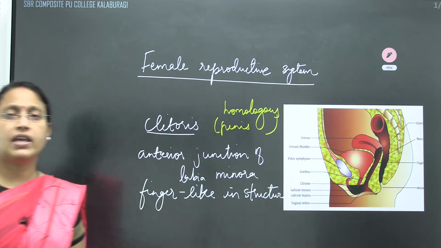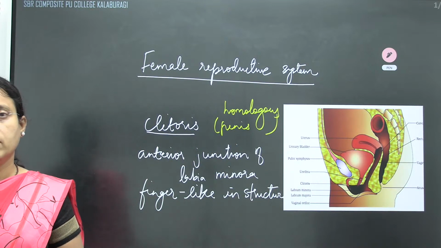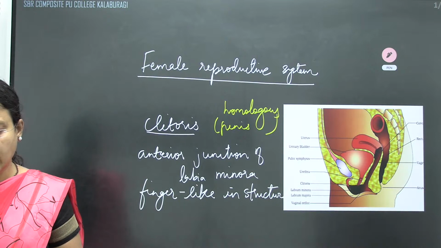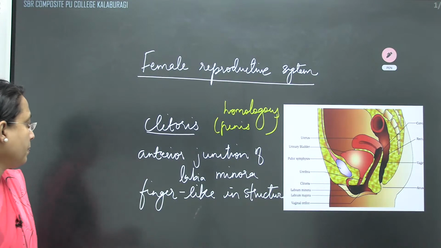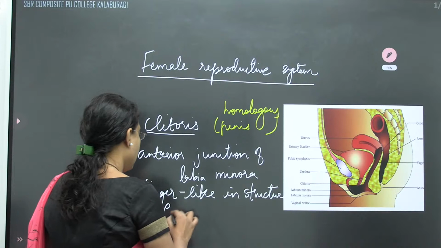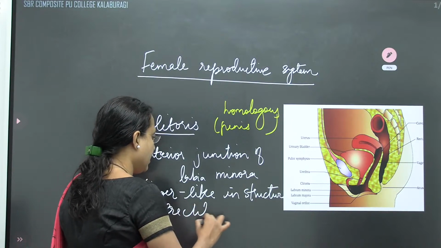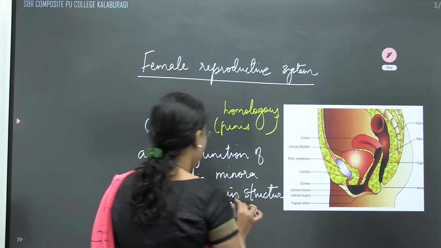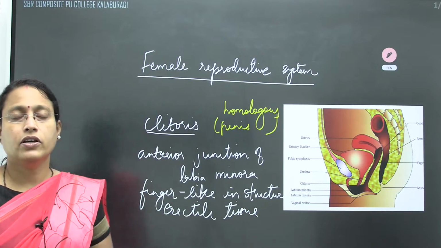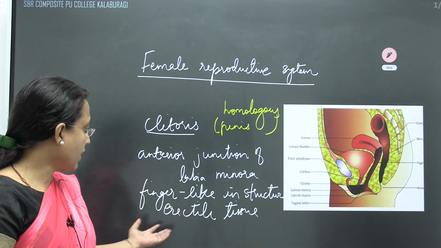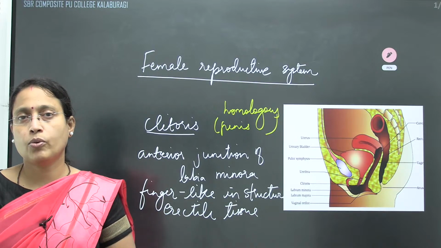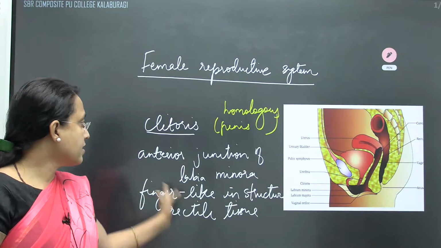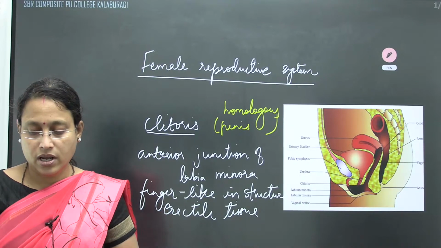It is finger-like in structure, and it consists of erectile tissue and is a sensitive region. The name of the erectile tissue is corpora cavernosa, and it is a sensitive portion.